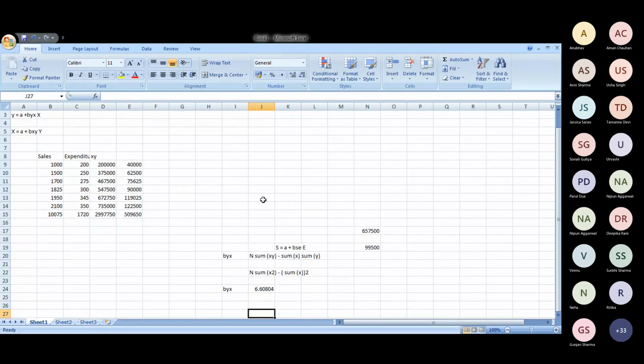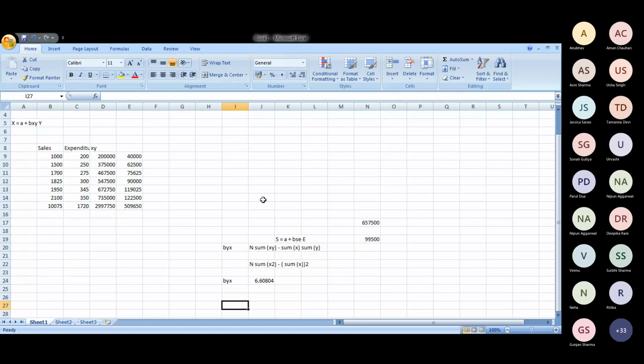In the same way, if we want to calculate bxy, the numerator will remain the same. The denominator becomes n summation y square minus summation y whole square. For this, we have to calculate the values of y square first. So y square will be equal to 1000 multiplied by 1000, and so on.